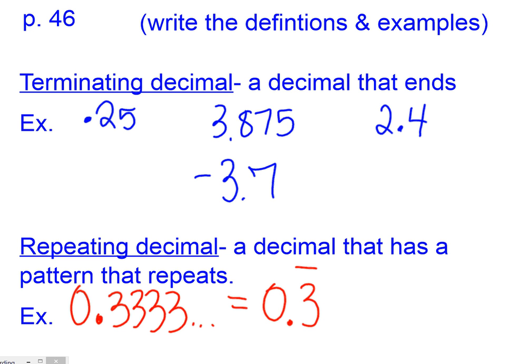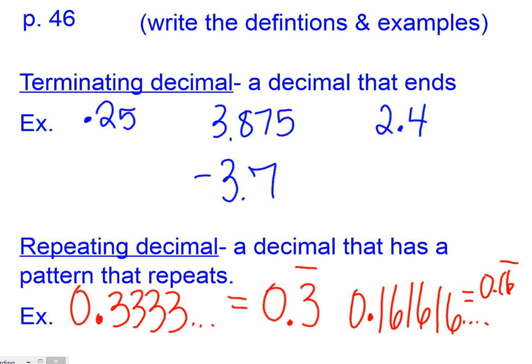Another example would be if you had 0.161616. The part that's repeating is the 1 and the 6, so you would rewrite it as 0.16 with a bar above the 1 and the 6. These are repeating decimals, and they go on forever. So remember to include that bar above the digits that repeat.